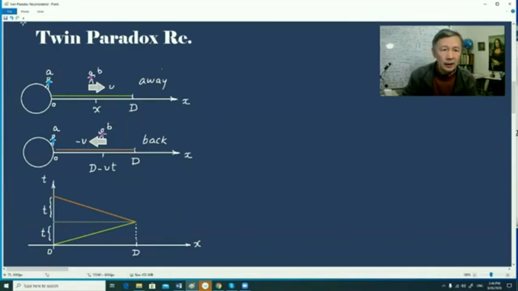Now let's consider how to describe this problem. We will first recall the Lorentz transformation.